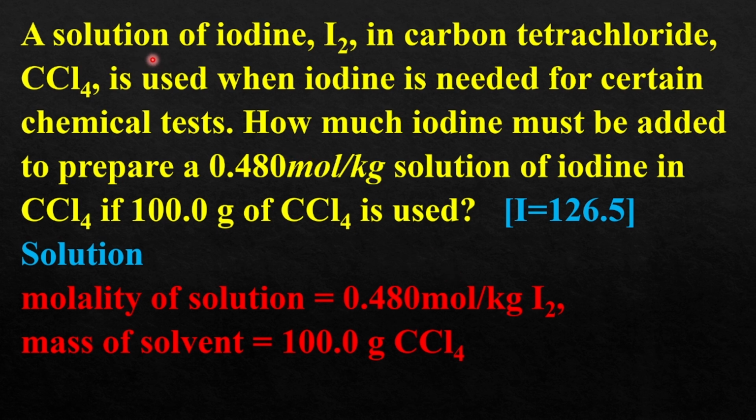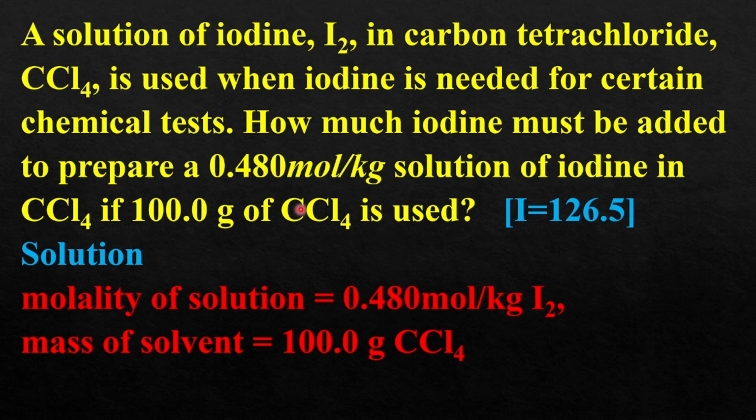Now let us look at the second question. It reads, a solution of iodine, I2, in carbon tetrachloride, that is CCl4, is used when iodine is needed for certain chemical tests. How much iodine must be added to prepare a 0.480 mole per kg solution of iodine in CCl4 if 100 grams of CCl4 is used?